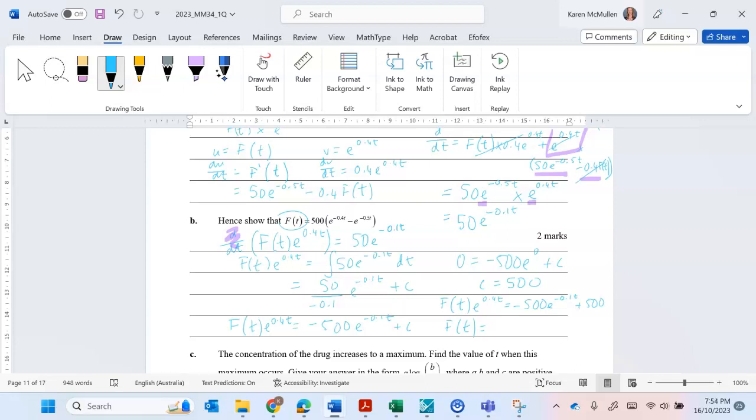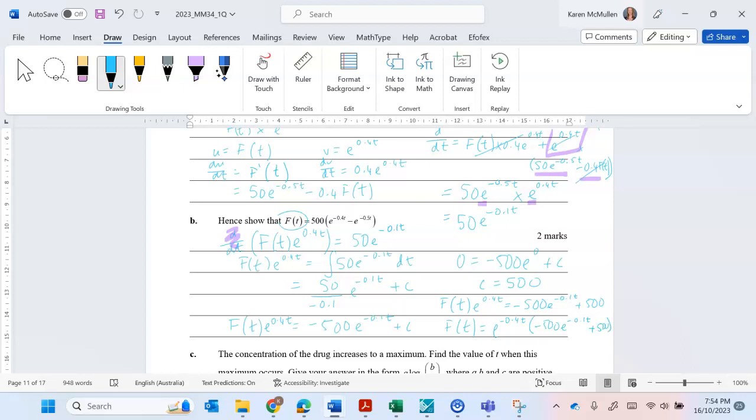Dividing by e to the power of 0.4t is the same as multiplying by e to the negative 0.4t, so just the reciprocal. And what have we got there? Negative 500 e to the negative 0.1t plus 500.